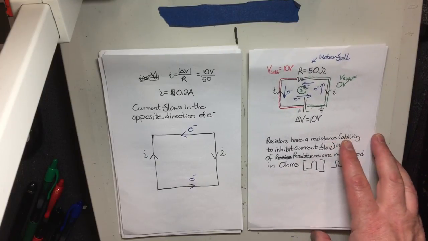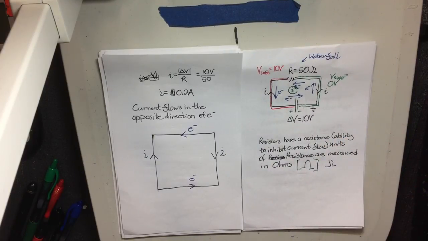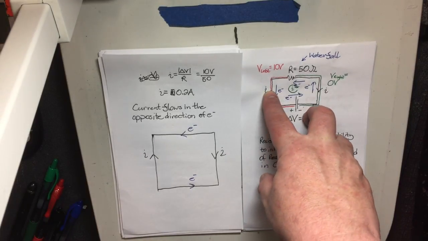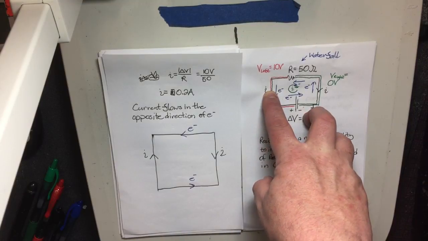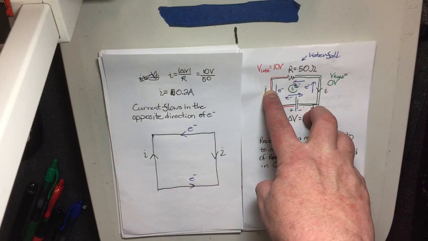If I told you, using our water flow analogy, and you measured the flow of water going through the battery, and it was 1 gallon per second, how much water would be flowing through that part of the circuit?